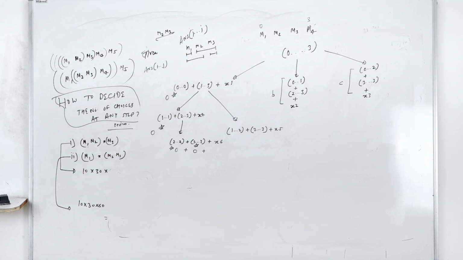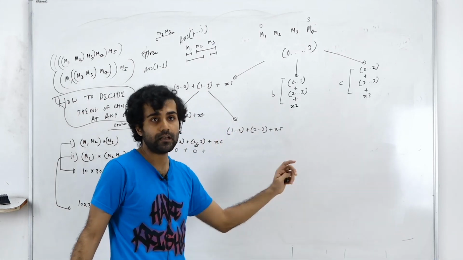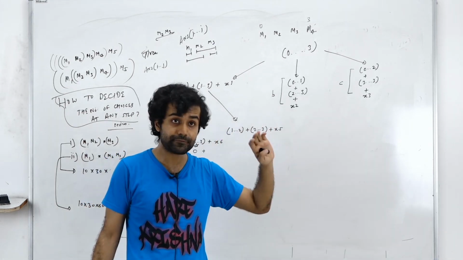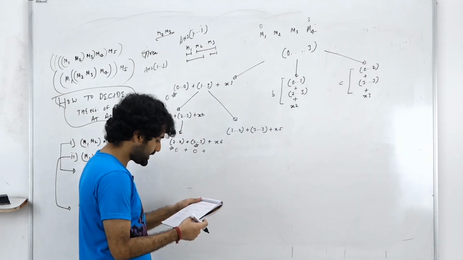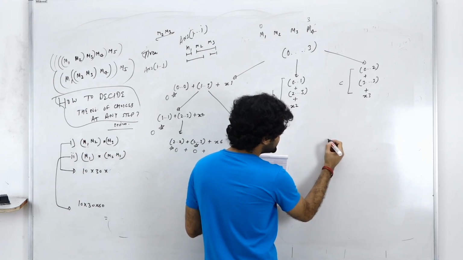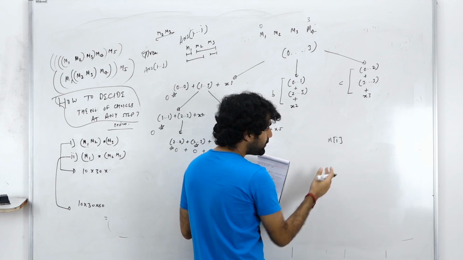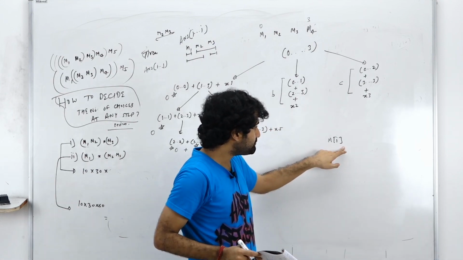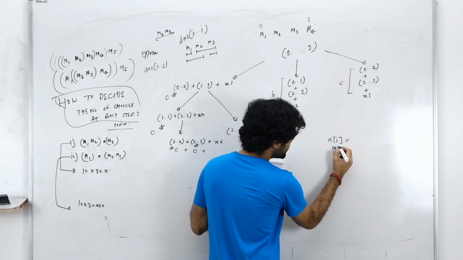Okay, now I am going to write the recurrence relation for this. So recurrence relation looks a bit scary, but that is very easy to understand. That is not a tough thing. Okay, so I want all of you to take a look. Let's say the input is given in such a way that M of i is a pair. M of i contains two attributes, rows and columns.